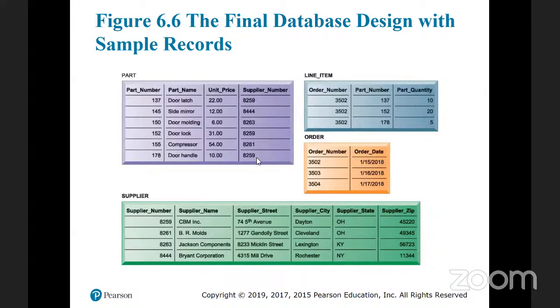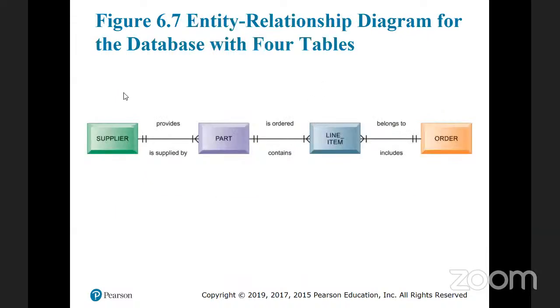All of this relational structure means you don't need to store unnecessary, redundant data in the database. So here the supplier provides parts, and the order has a number of line items, where each line item has a part.